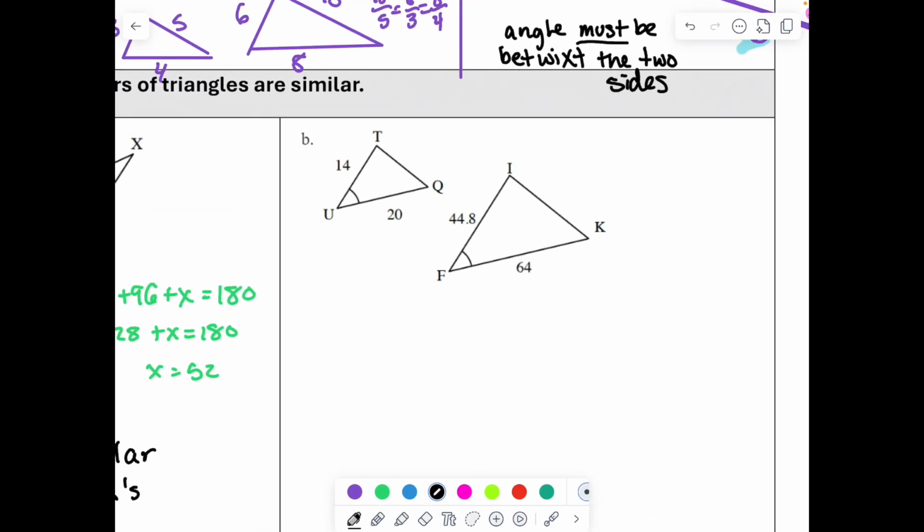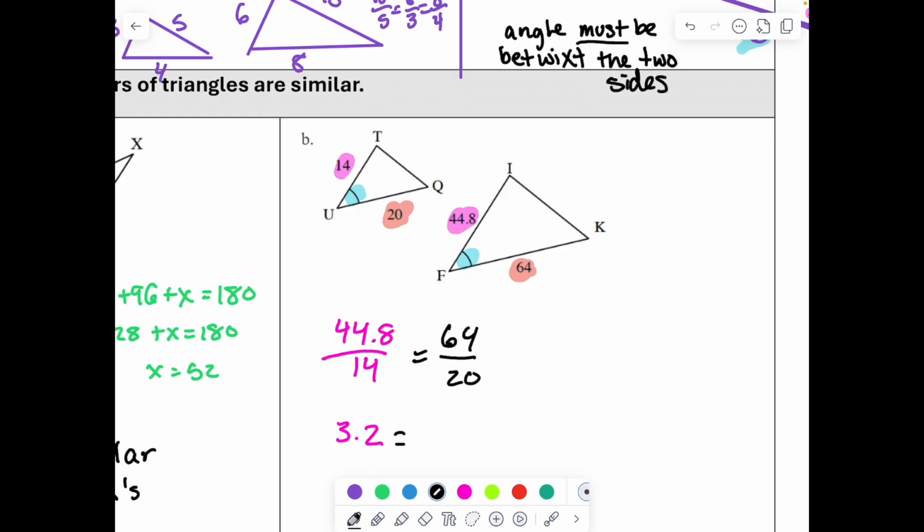All right, hopefully this might look like a side, side, side, or side angle side situation. We know that the angles are equal, so we just need to check that the sides are proportional, that the ratios of their sides are equal. So let's do 44.8 divided by 14 and hope that it's equal to 64 divided by 20. 44.8 divided by 14 is 3.2.